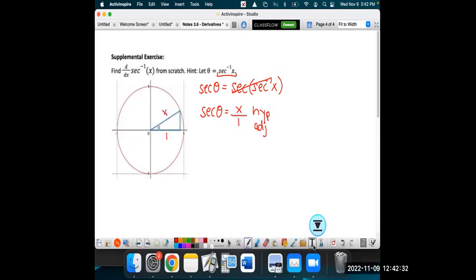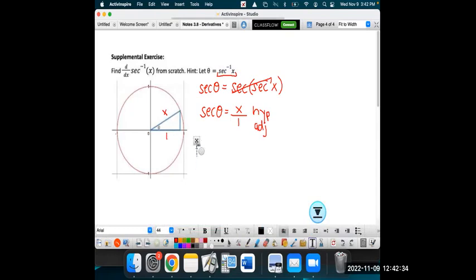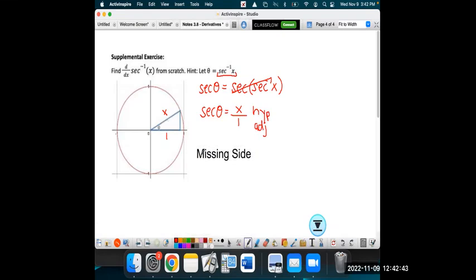And then let's figure out our missing side. All right, so a squared, I'm going to use that as 1 squared, plus b squared is my other leg, equals c squared, which is my hypotenuse squared.